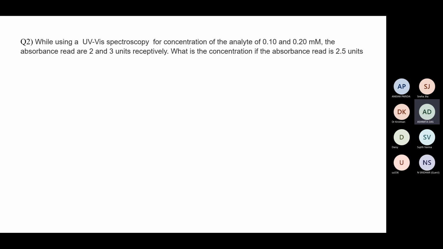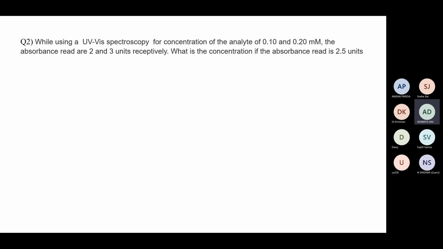Now the absorbance A is the absorbance of the unknown sample, which is 2.5, minus A1. The analyte concentration 0.1 millimolar has absorbance 2.